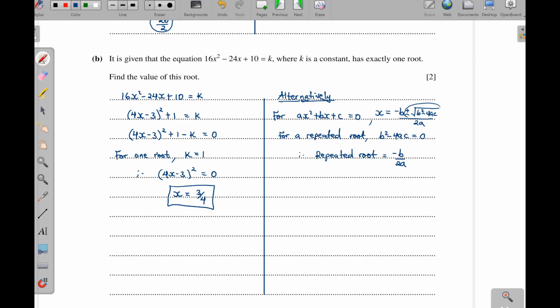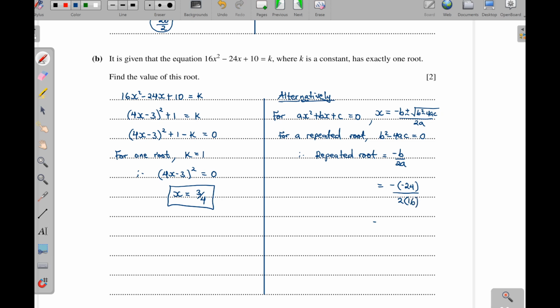This one goes because it is 0. So what remains is this minus b out of 2a. Now, here we shall get our answer as our b is going to be this negative 24. So negative of negative 24, then divide by 2 times our a is this 16 here.